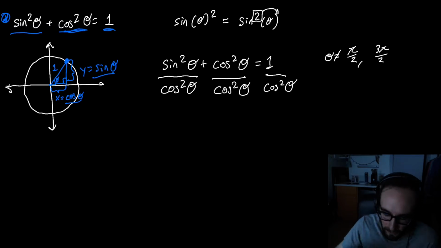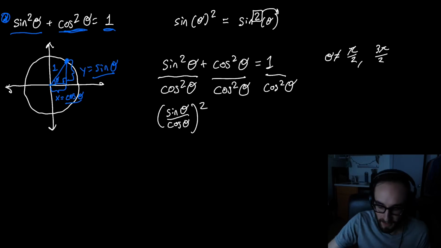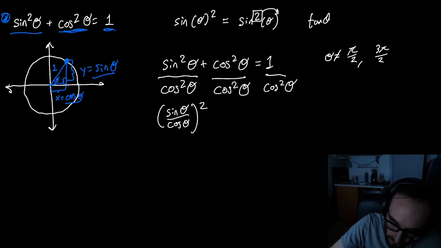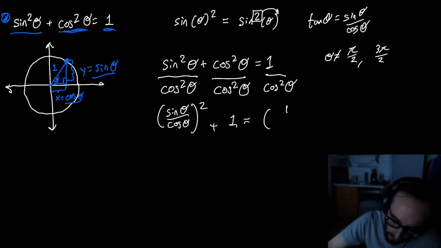So we can divide everything by cosine squared, and then we know that sine over cosine, so we can rewrite this as sine of theta over cosine of theta squared. Sine over cosine is the same thing as tangent. Tangent of theta is equal to sine of theta over cosine of theta, plus cosine squared over cosine squared is 1, equals 1 over cosine theta squared.